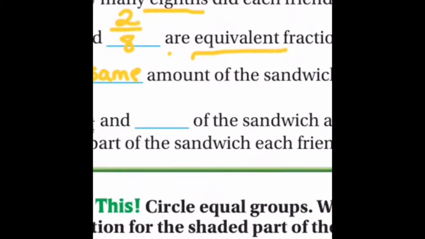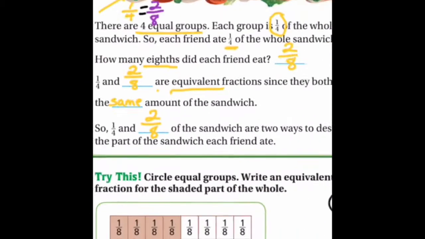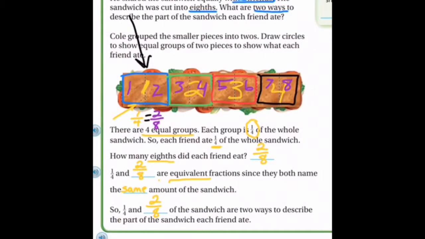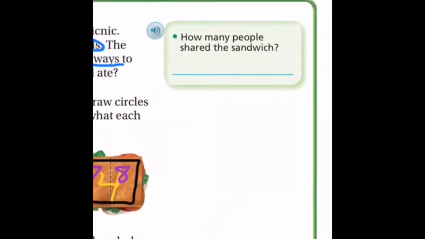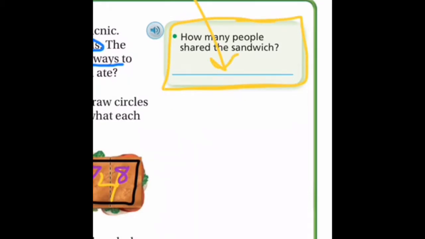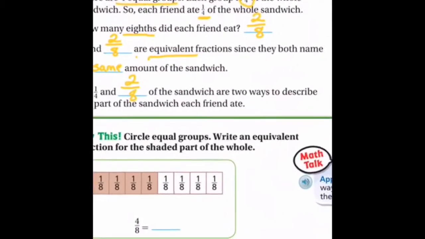So 1/4 and 2 eighths of the sandwich are 2 ways to describe the part of the sandwich each friend ate. One way would be to say 1/4, the other way would be to say 2 eighths. And I guess I missed that here. How many people shared the sandwich? That was 4.